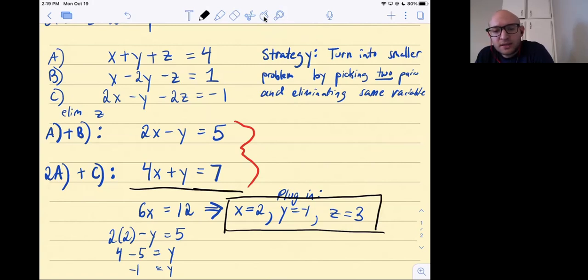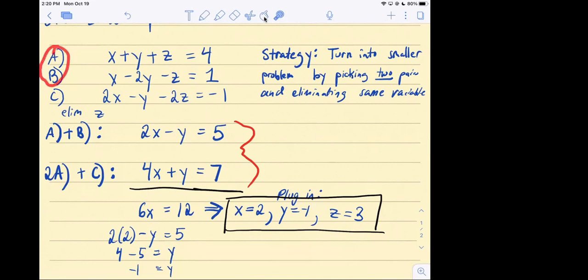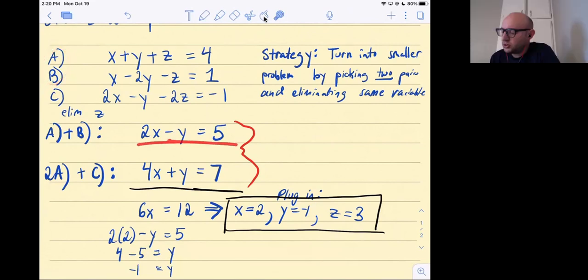And what we're doing there is we're picking a pair of equations. So our goal is, in the beginning, we have three equations, 3 unknowns. It's a little bit tricky to solve. We don't know how to do that. So what we do is we use 2 equations to get it down to an equation with only 2 unknowns.